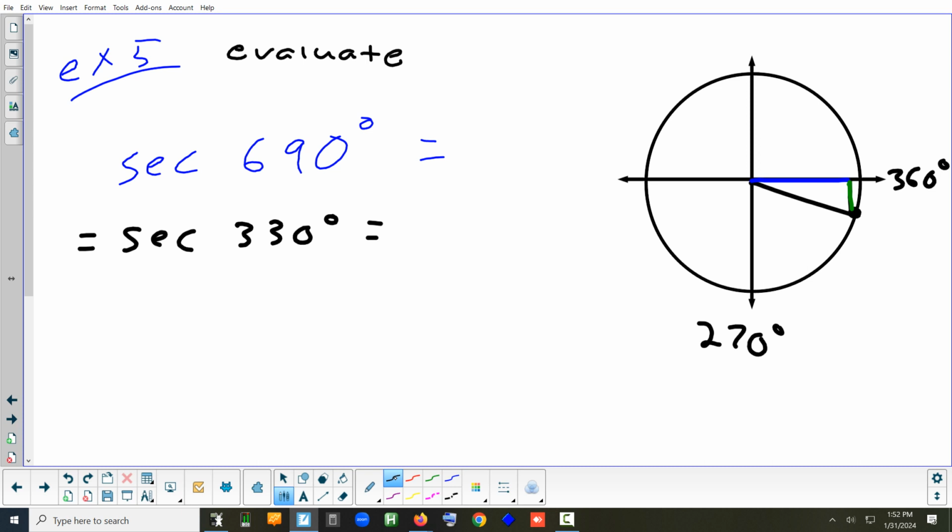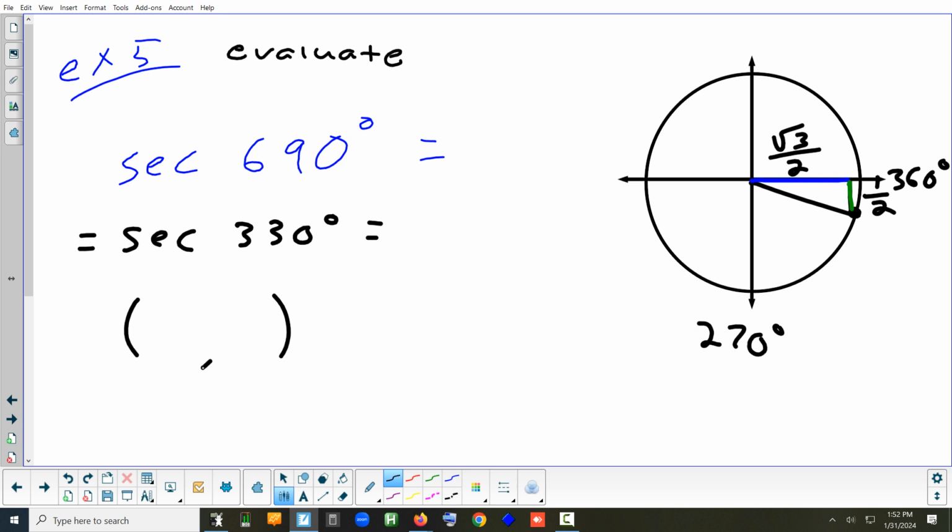Square root of 3 over 2. Okay, how about the short side? 1/2. The short side is always the 1/2. So what's going to be my coordinate for 330, or 690?